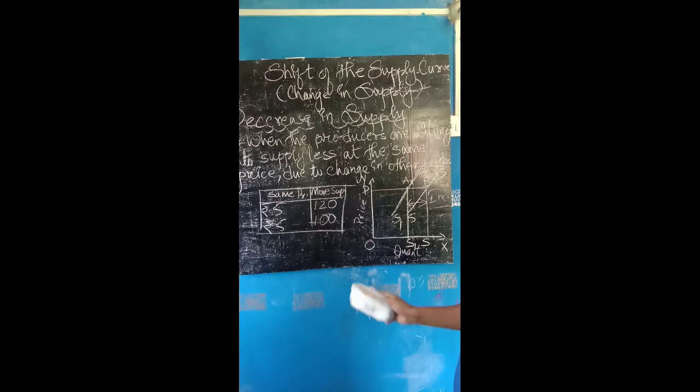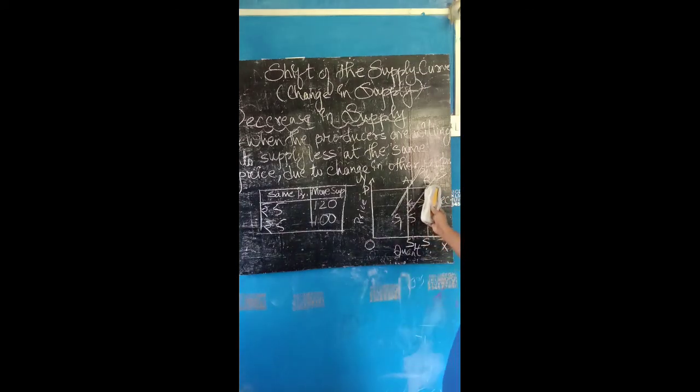When there was a change in other factors like government policy, imposing of more taxes and all, the producers got discouraged and they are supplying less. So the supply curve shifted from OS to OS1. Here you can see the supply curve, and this is denoted by decrease in supply.